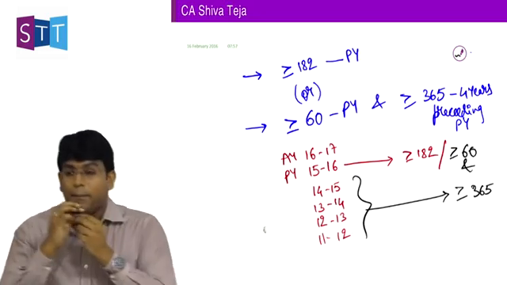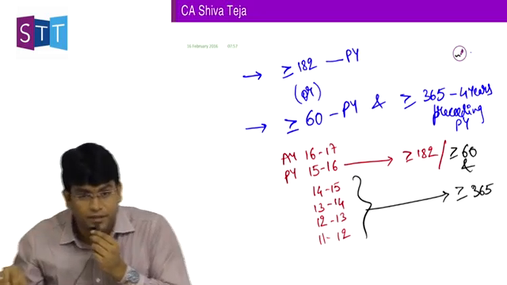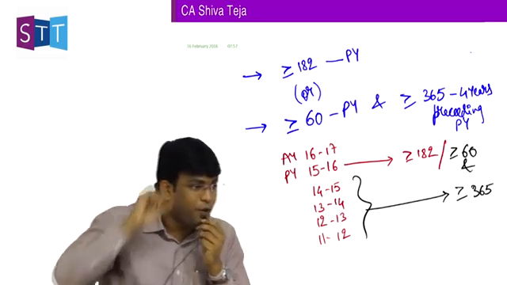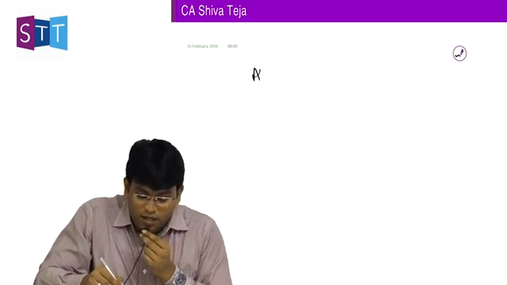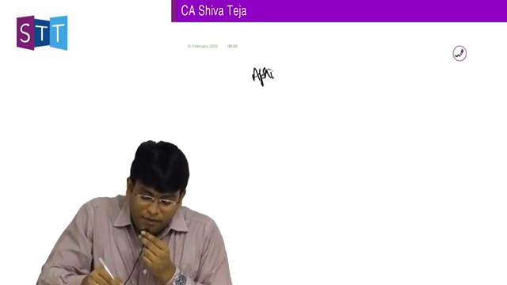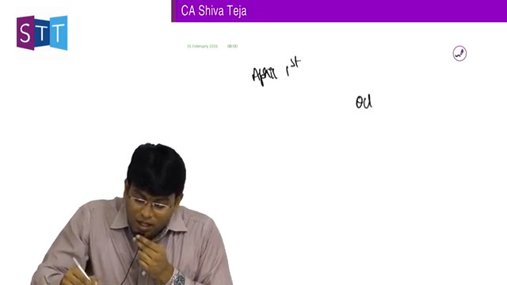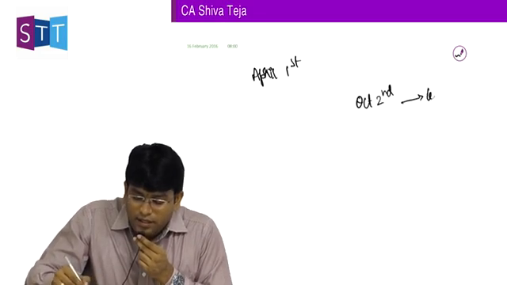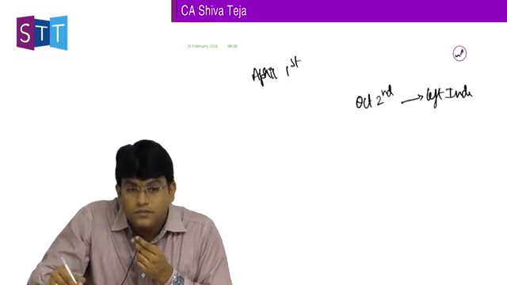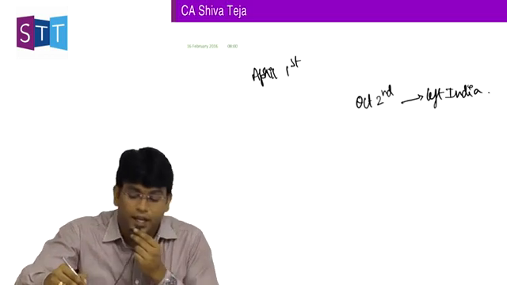Correct, sir? But there are some very, very important points to be understood here. Please concentrate. Let us say a person is in India from April 1st, and on October 2nd he left India.